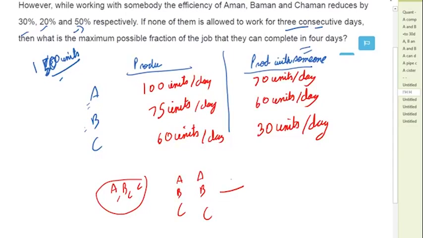On the third day nobody works because all of them need a break. On the 4th day, I can again ask ABC to work. That is one possible scenario. With 70, 60 and 30, you get 160 units each day, and a total of 480 units.